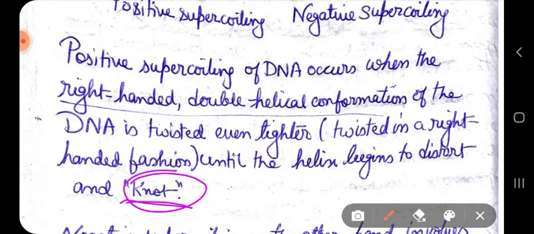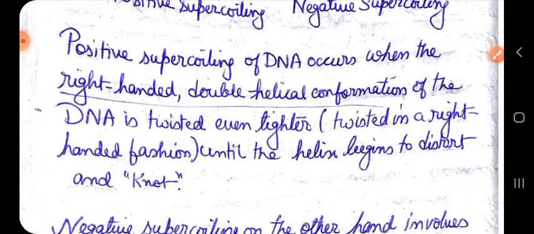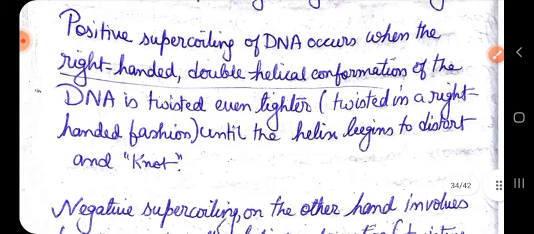So as DNA is a right-handed double helix, what happened due to positive supercoiling? DNA is twisted, DNA is coiled more tightly. That is, they are becoming twisted in a right-handed fashion, and the helix begins to distort, and knot formation occurs.